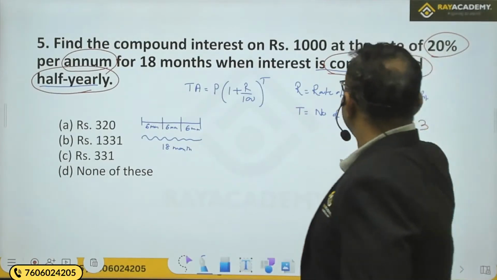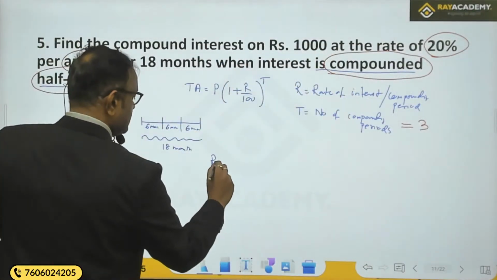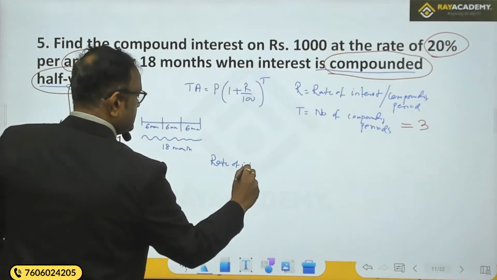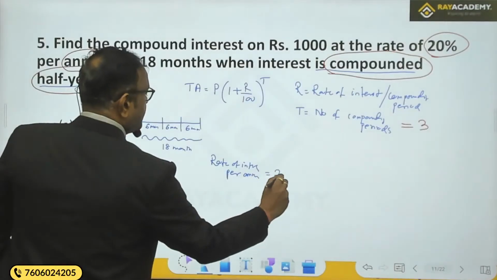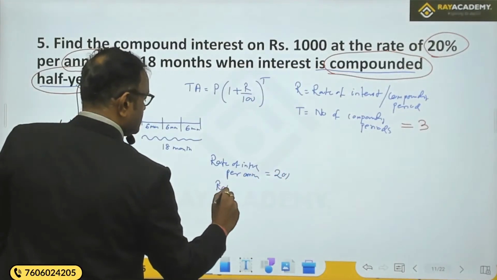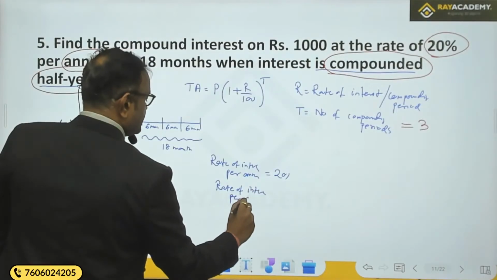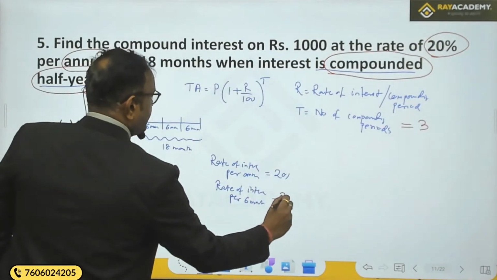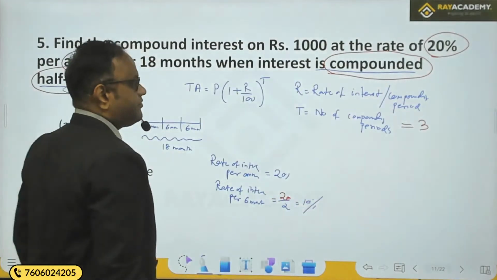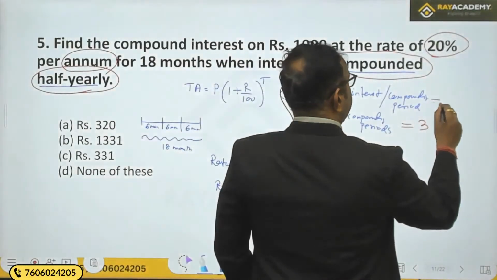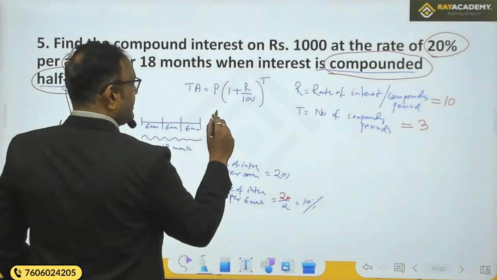So if 20% per annum is the rate of interest, then the rate of interest per 6 months will be 20 divided by 2, that is 10%. So this 10% you have to take in the formula. Now everything is there. Now you can use the formula and get the answer.